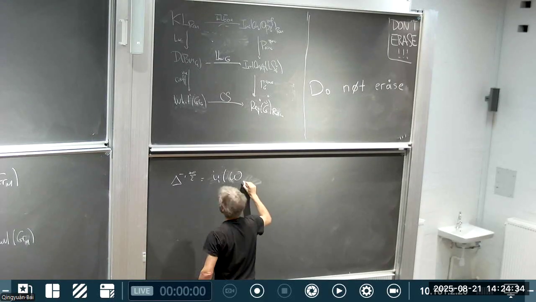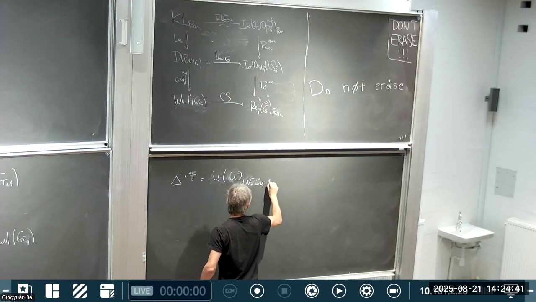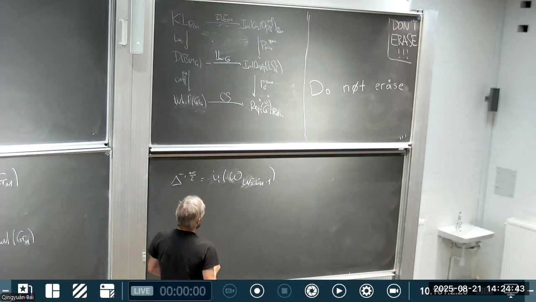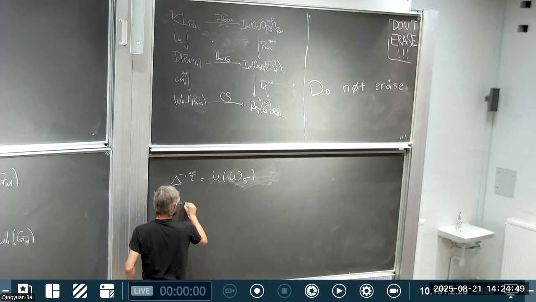The unit orbit. So sometimes it is denoted by S minus. So S minus is the unit orbit of.